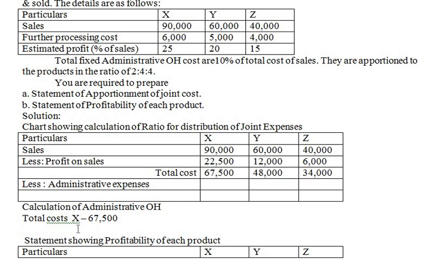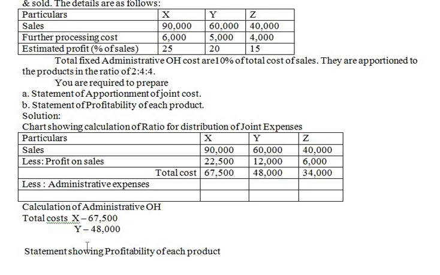So we have taken the total cost. Now total cost of X is 67,500, then Y is 48,000, and then Z is 34,000.